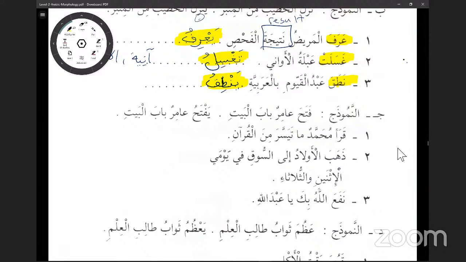Muhammad read that which was easy for him to read from the Quran. And Muhammad is reading that which is easy for him to read from the Quran. And then the bab.